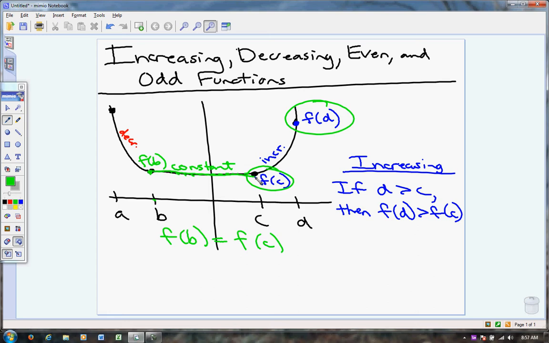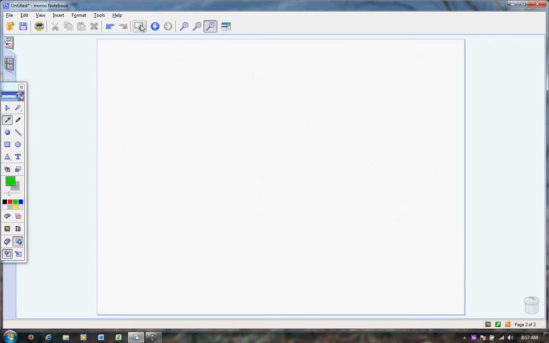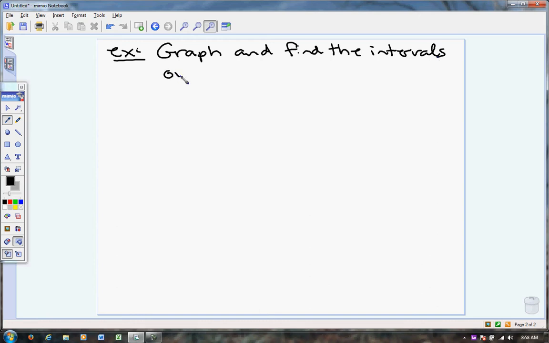So one of the things you're going to be doing in homework tonight is, for example, they're going to tell you to graph and find the intervals over which the function is increasing.